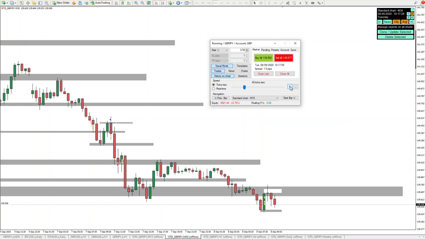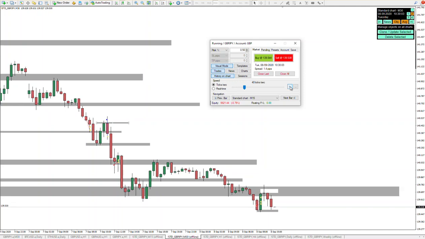Let's see how the M30 closes in 12 minutes. Making a lower low. 5 minutes. 4, 3, 2, 1.